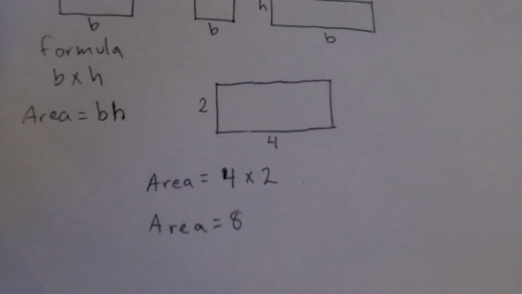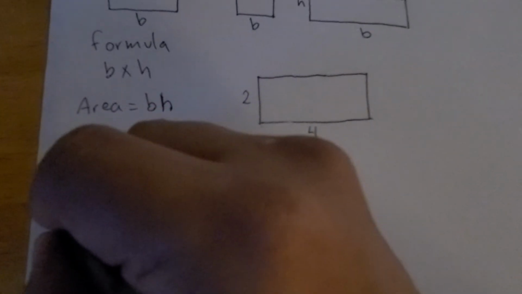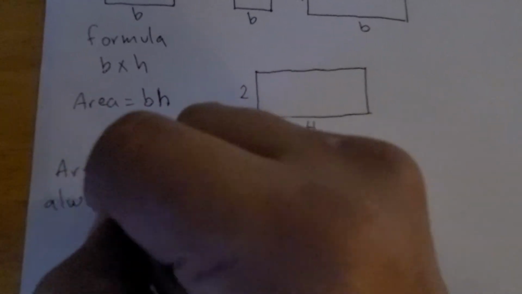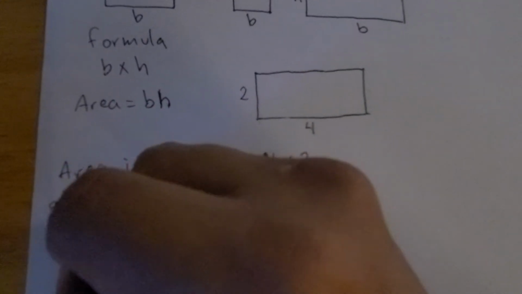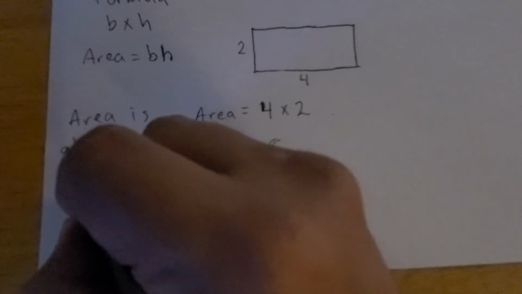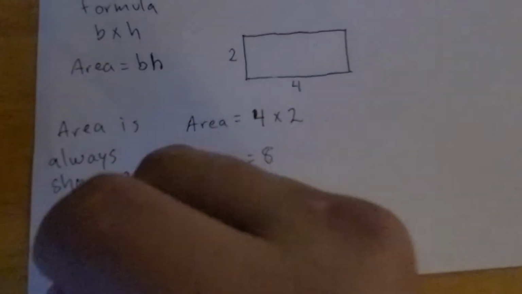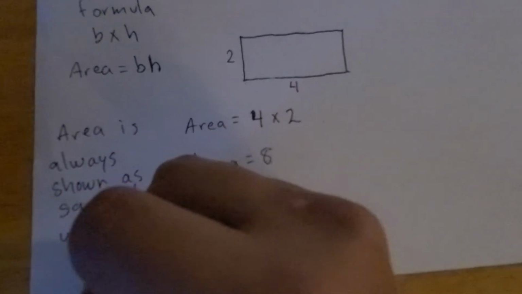But here's the thing. We never leave it as just a number. Area is always shown as squared units.